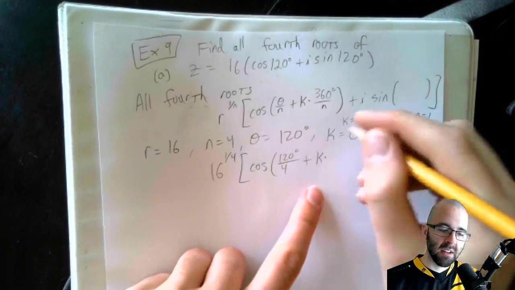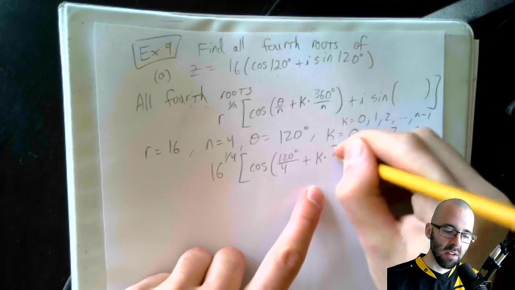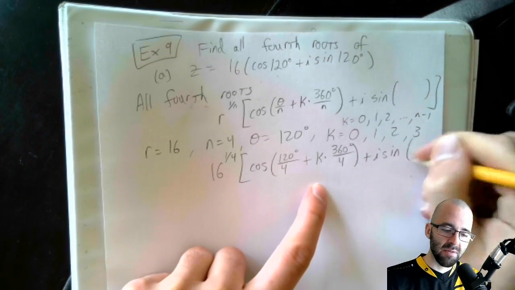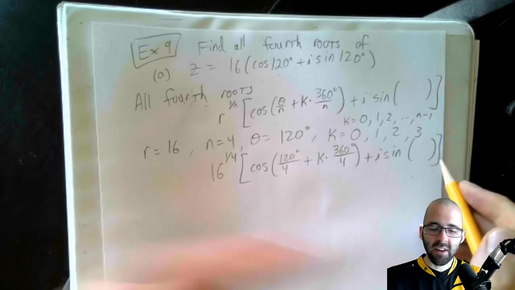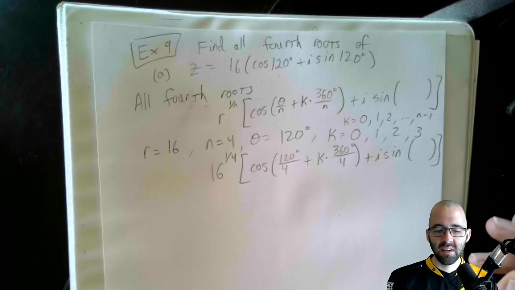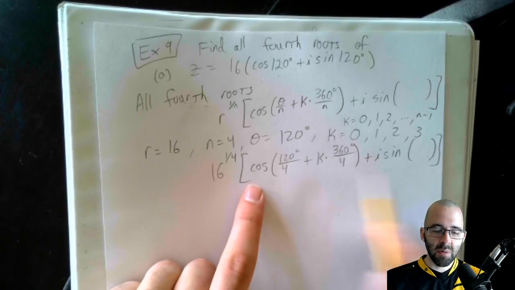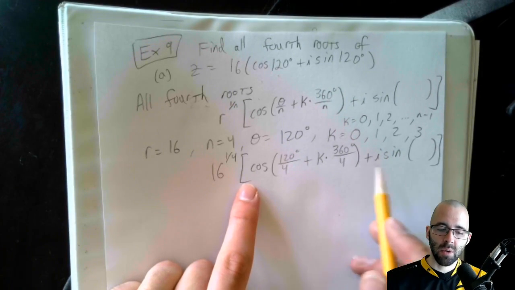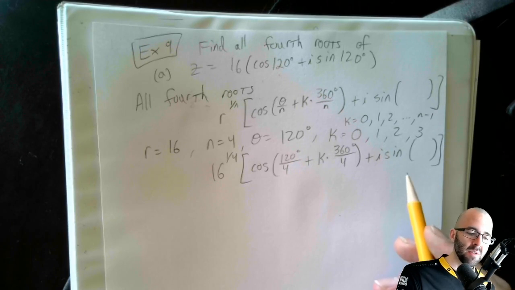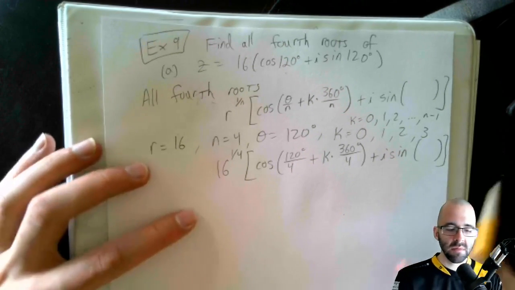Right? Times 360 degrees, divided by n, which is 4, plus i times sine of the same thing. You can write it all again, but I don't see any reason to. It's just the same thing. Or if you want to do this in cis notation, that shorthand, it's a lot quicker. We'll do that for part B. Okay?